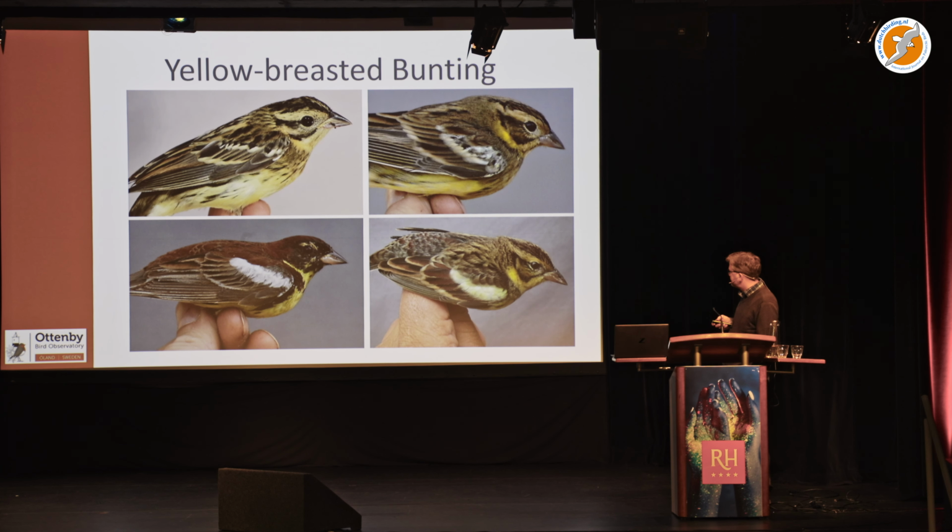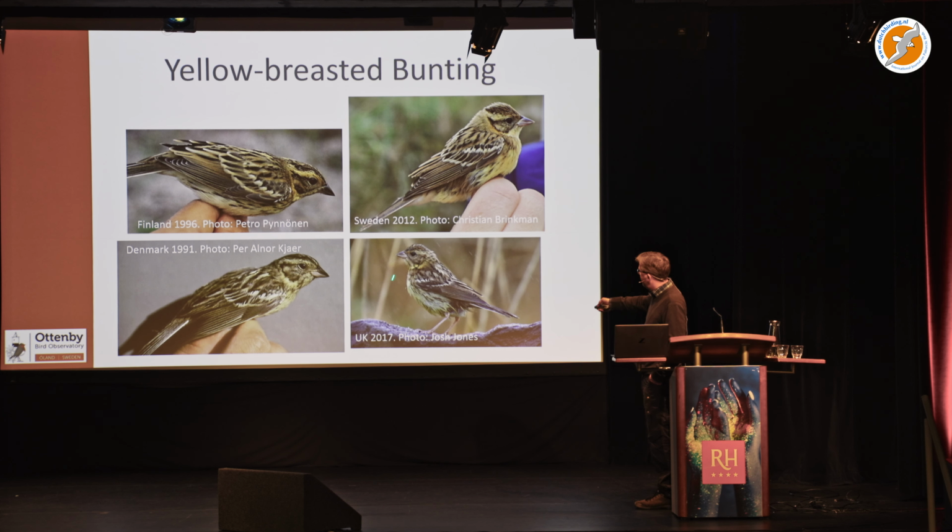And if we take a look at some European records of yellow-breasted bunting, it looks like this. This is how the vast majority of yellow-breasted buntings look when they are recorded in Europe. From these four birds, Finland 96, Denmark 91, Sweden 2012, UK 2017, just four examples, you can see that all of them are still in juvenile plumage, showing this typical juvenile pattern to the median coverts.